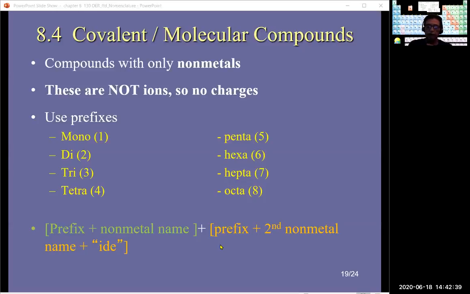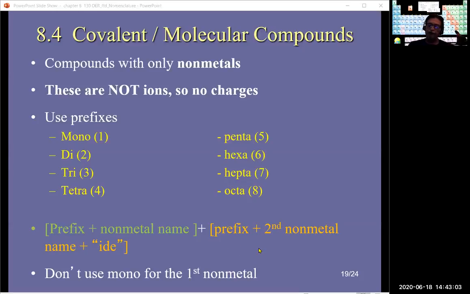But we also maintain the IDE format. So carbon dioxide, okay? If it was C2O2, there isn't a compound like that, but if there was, it would be dicarbon dioxide, okay? We'll do some examples here.